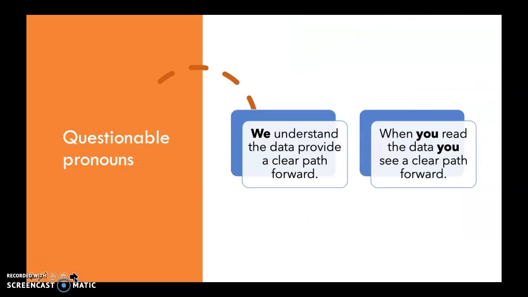And then lastly, we're going to talk about questionable pronouns. Questionable pronouns are pronouns that I encourage you not to use simply because of the way they compromise your argument. So if you use the plural inclusive, we understand the data provide a clear path forward, you are collecting your readership in with you, assuming that they are on your side and that you have convinced them fully.